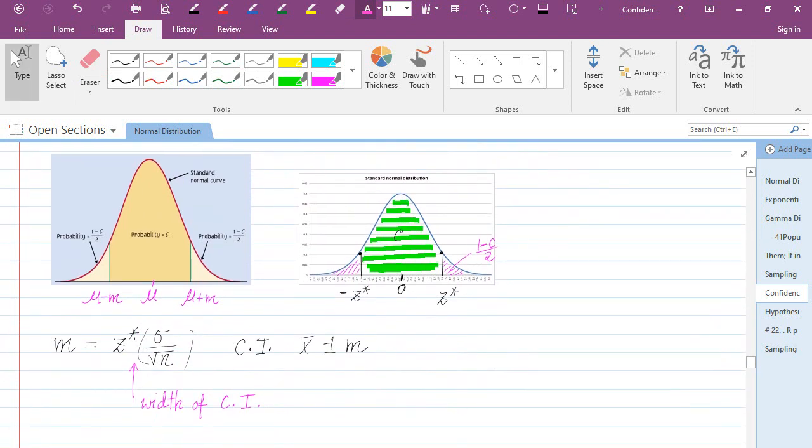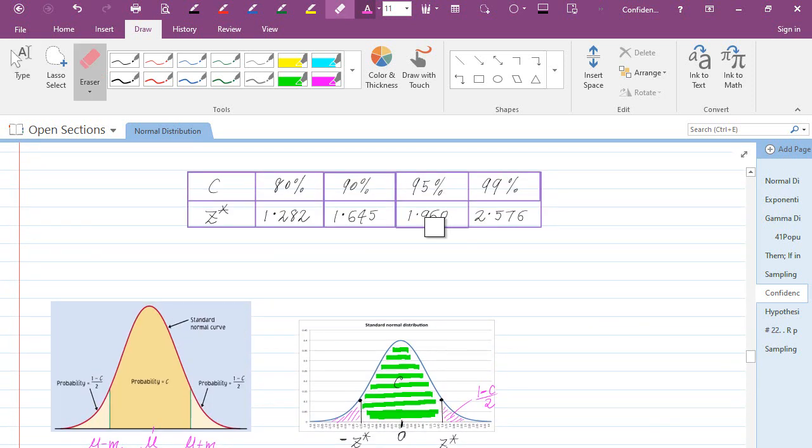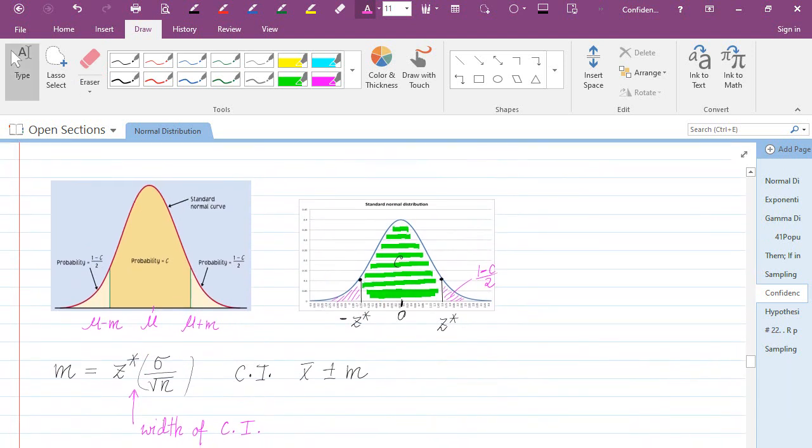And so once again, whatever the confidence level C is, it's usually one of these four. Whatever the level C is, we want to find the level C margin of error, and the level C margin of error M is given by z star times sigma over root of n.